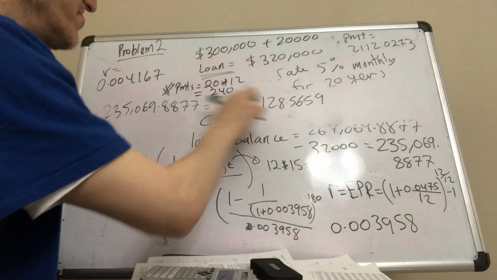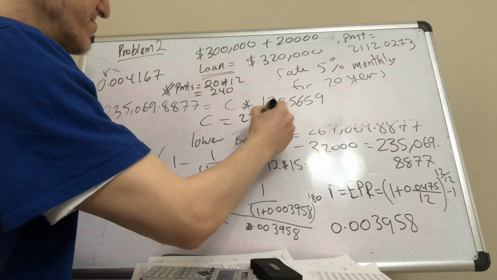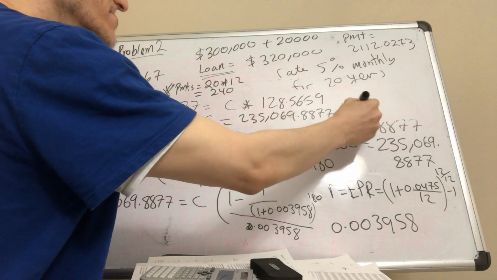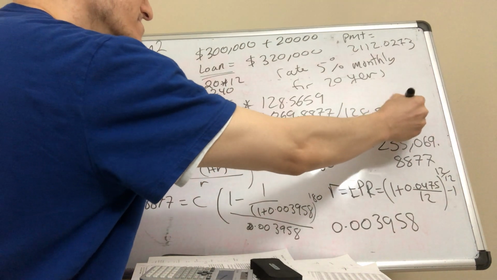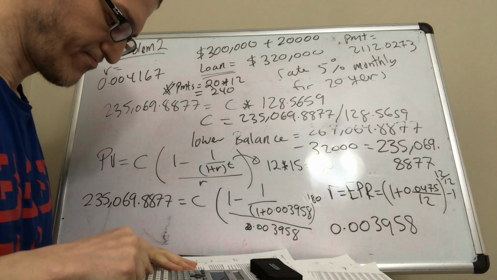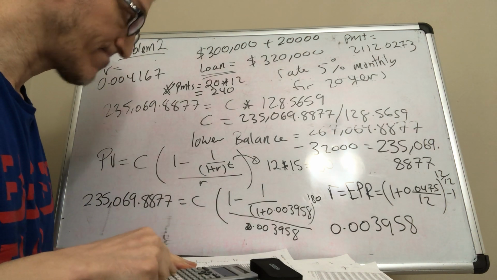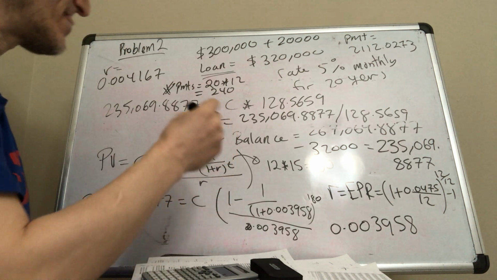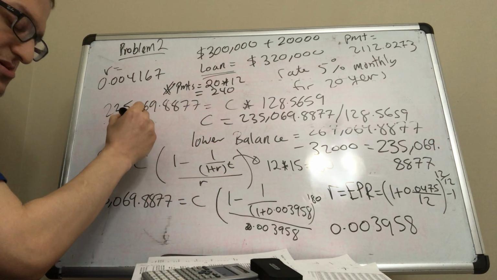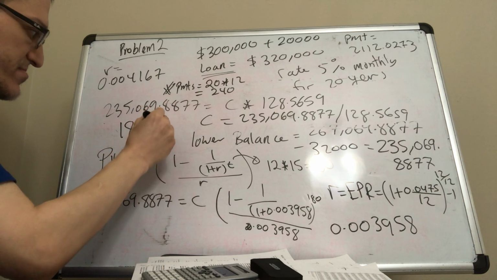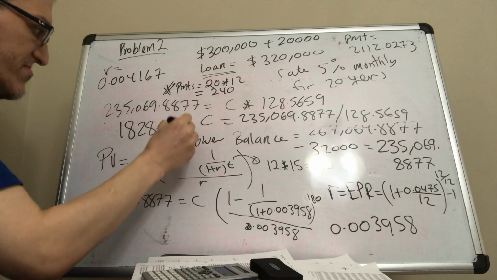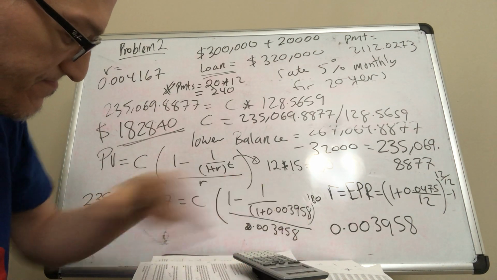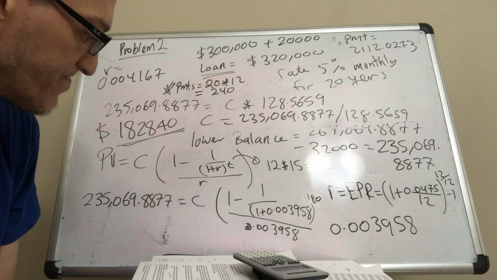So you see, you divide them. So the new payment is 1828 and about 40 cents. Good.